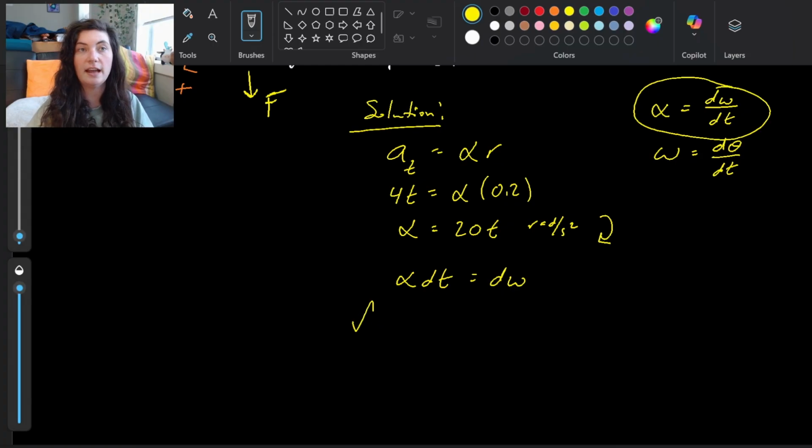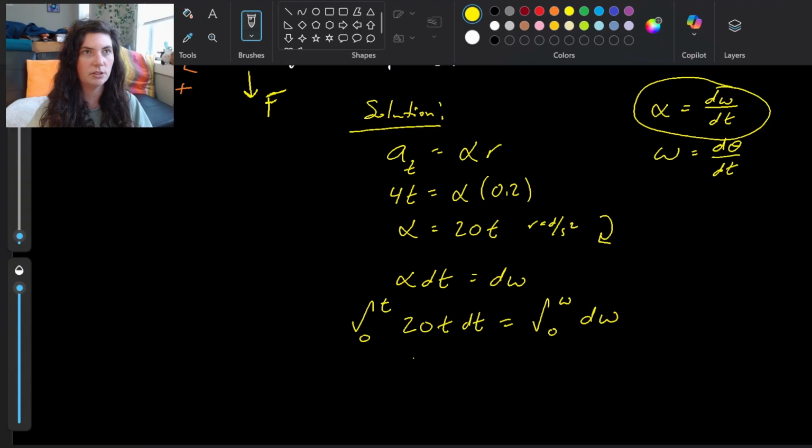And then I can integrate that for any given time. So I'm going to start at time 0 and go to time t. So that'll give me this integral for any arbitrary time equals alpha, and we know alpha is 20t, dt equals my integral, and it did say we're starting from rest, so I'm going to have my initial angular velocity be 0 to my final angular velocity, which is the thing we're trying to find, d omega.